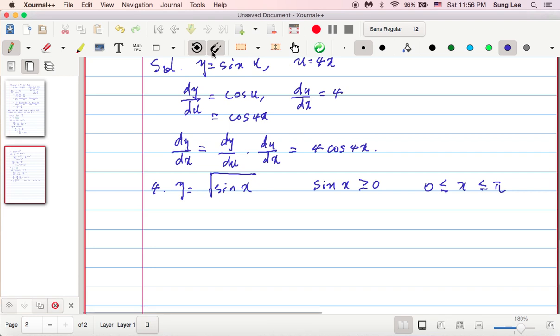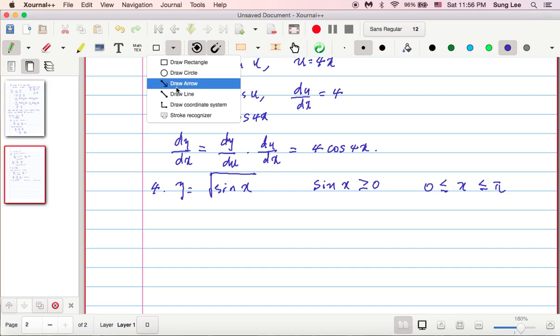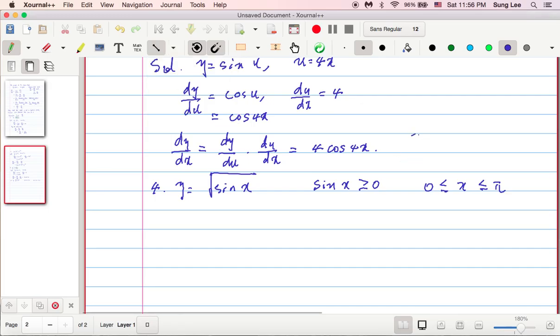So this is 0, pi over 2, pi, 3 pi over 2, and again back to 0, that's 2 pi.